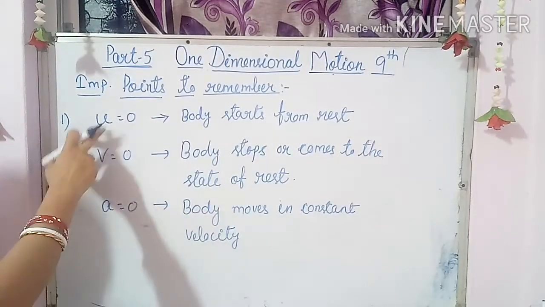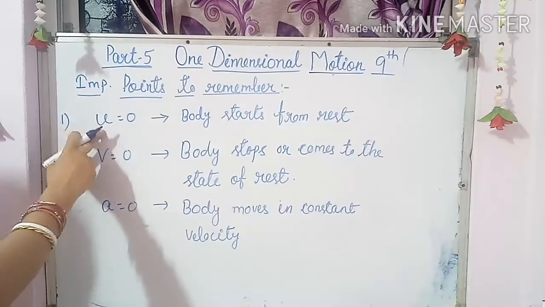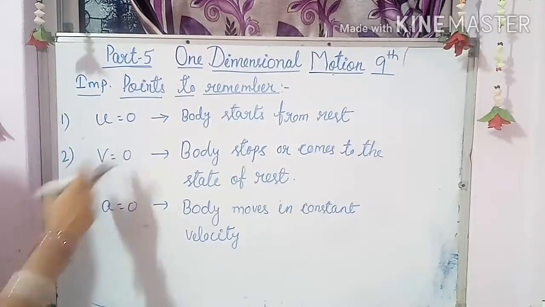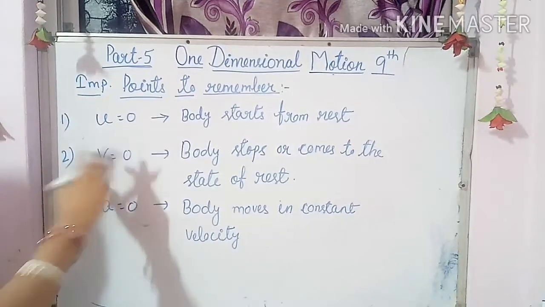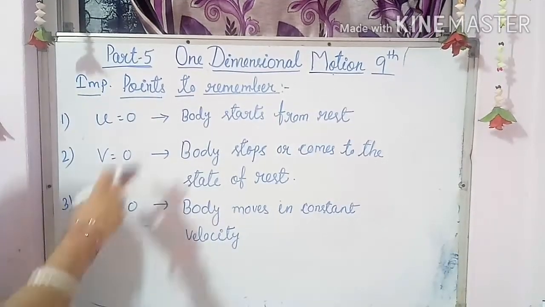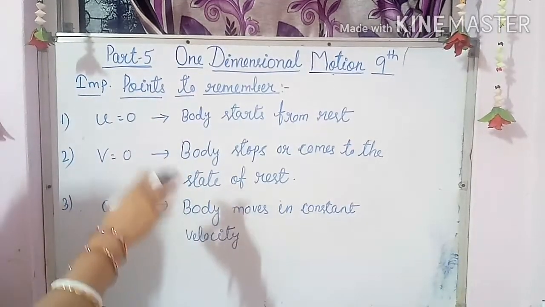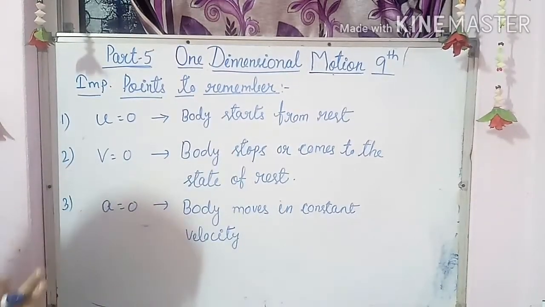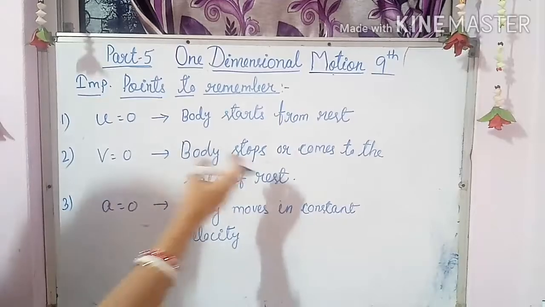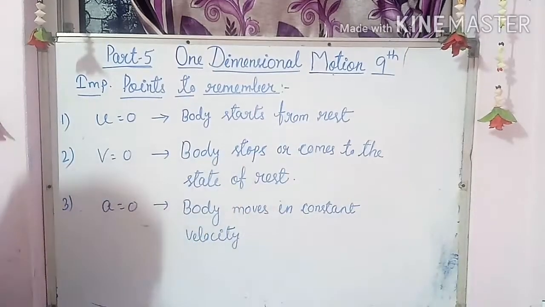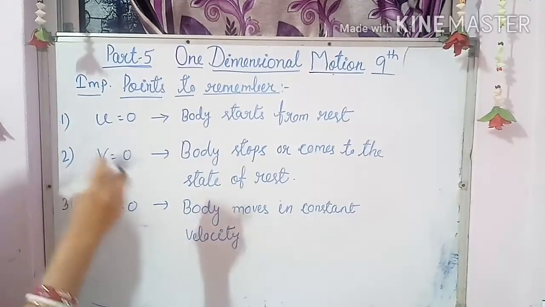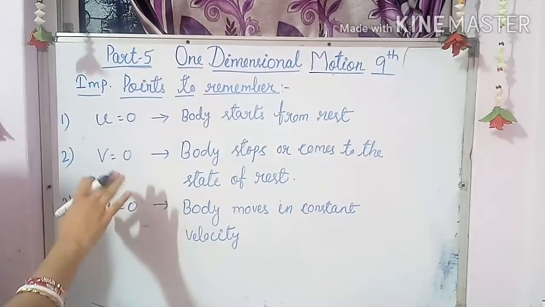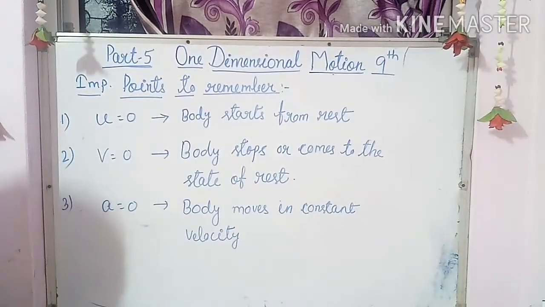You have to write U equal to 0, means your initial velocity equal to 0. In the same way, V equal to 0 means your final velocity equal to 0. Means, if the numerical has given body stops, directly that word will be given in your numericals. Or comes to the state of rest, immediately you have to write this expression, V equal to 0. Or if a 1 mark question comes also, you will write in the same way.